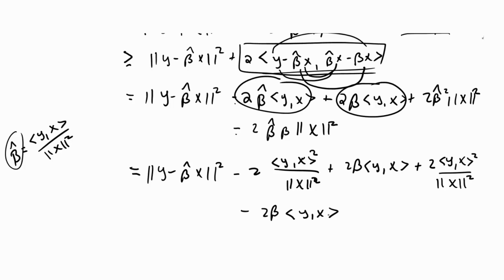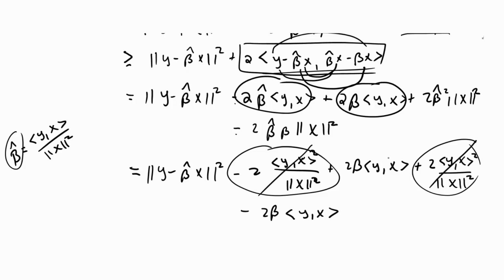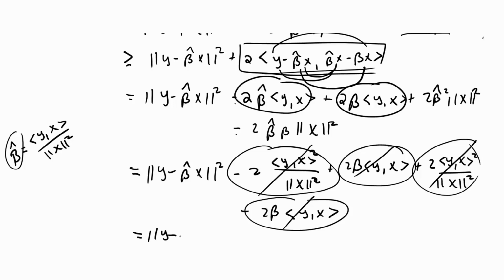Okay, so let's see. This term right here is the same as that term right there, and it's minus 2 and plus 2, so those cancel out. And then this term right here and this term right here are the same, so those two cancel out. So we get the norm of y minus beta hat x, squared.